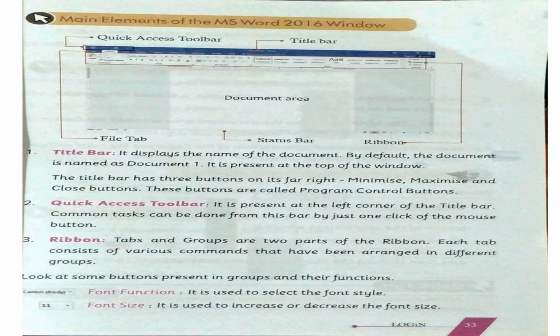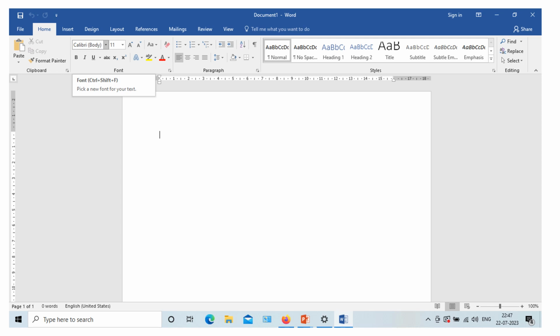Generally, we have various types of fonts available in our Microsoft Word, and if I want to use them, I have to go to the font functions. You can see this is the font functions, I am underlining that particular part.